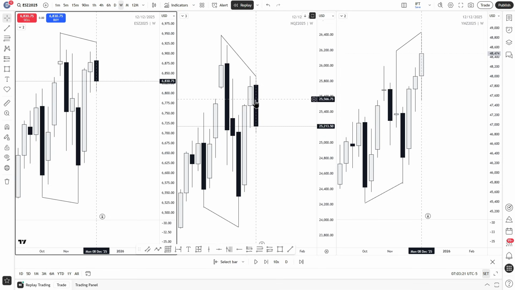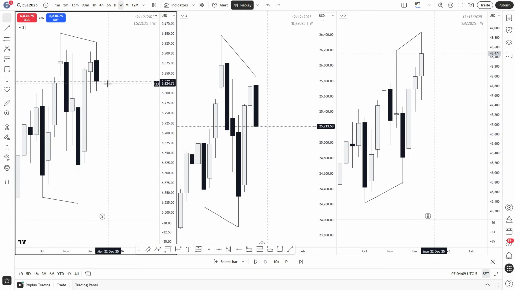As you can see, this candle is bearish in S&P 500 and NASDAQ, but over here in Dow Jones, it's bullish. So you can tell that this candle will likely form a TPD just because of how far away it closed from the close of this candle, meaning that likely next week, if there is no news over the weekend or any geopolitical news, and the market doesn't gap massively in one direction, we can expect price on the Dow Jones to open somewhere around here, while NASDAQ will open somewhere around here, and S&P 500 somewhere around here.